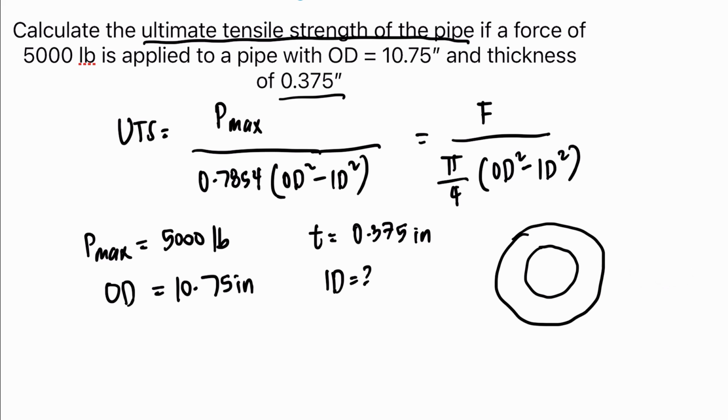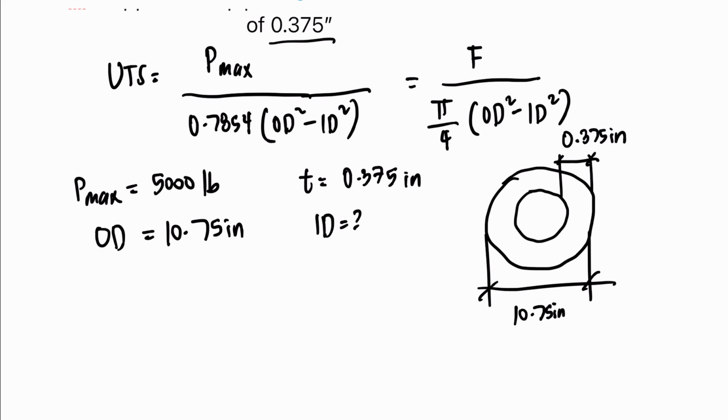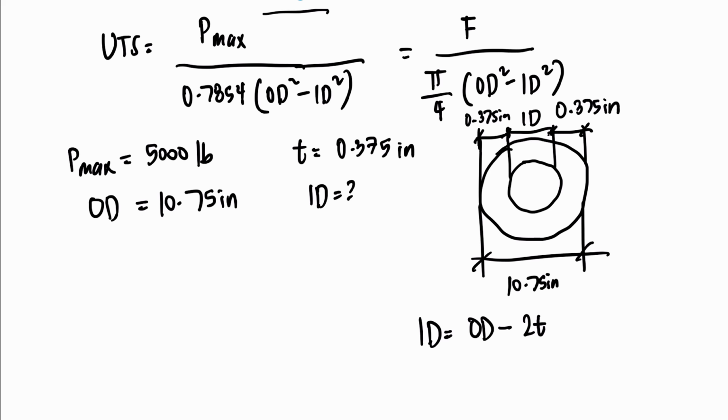So the dimensions we have here is that we have the OD as 10.75 inch, and this is the thickness, which is exaggeratedly 0.375 inch. So we can get the internal diameter by subtracting from the OD twice the thickness of the pipe, because you can measure the thickness as well on the other side, 0.375 inch, and this is now the internal diameter. So you subtract from the OD twice the thickness.